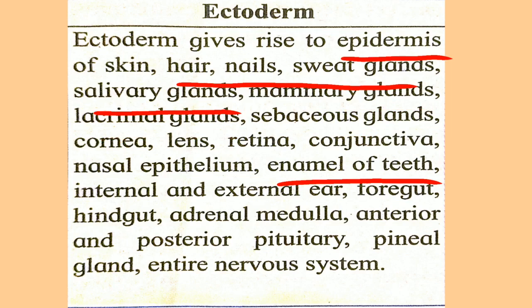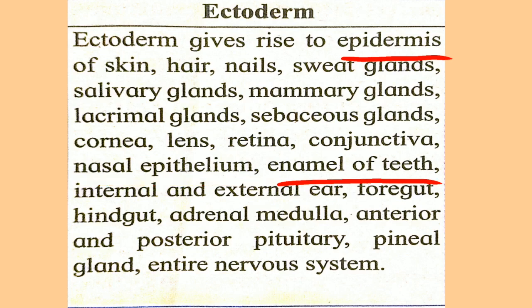Then cornea of the eyes, lens, retina and conjunctiva of the eyes are developed from ectoderm. Then nasal epithelium is developed from this ectoderm. Enamel of the teeth, the hardest substance of the teeth, is originated from this ectoderm, whereas dentine of the teeth is originated from mesoderm.